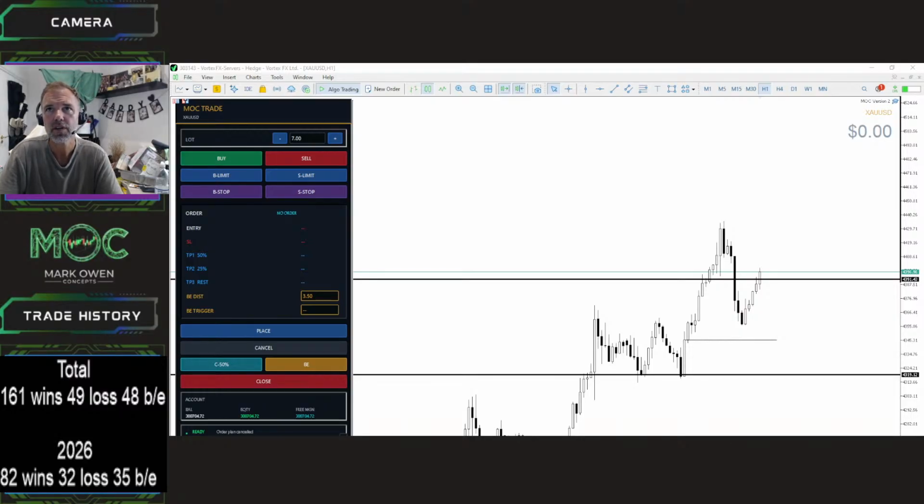US forces fire on Panama flagged ship attempting to run blockade of Iranian ports. Okay, that was 27 minutes ago. Not sure if that's going to escalate things or not, but if it does, that will be good for the sells.